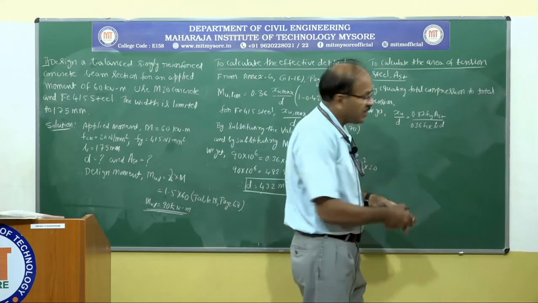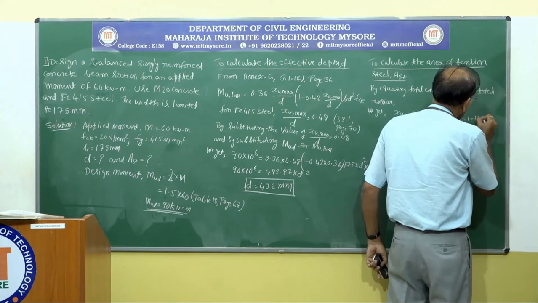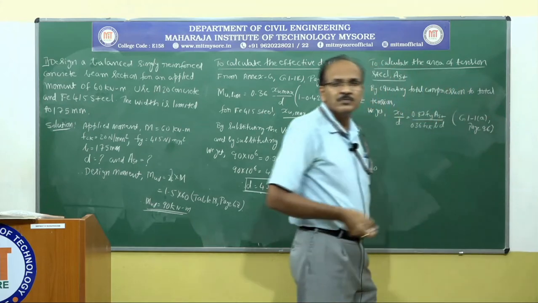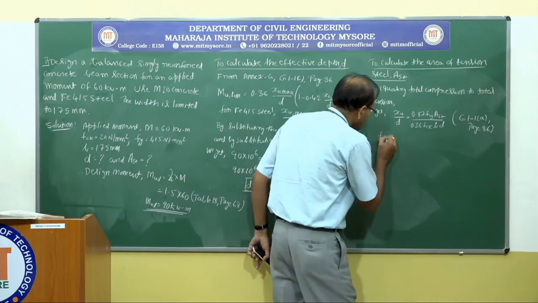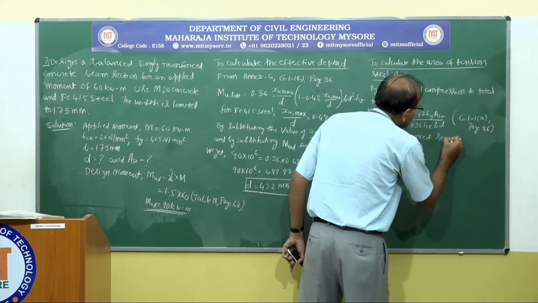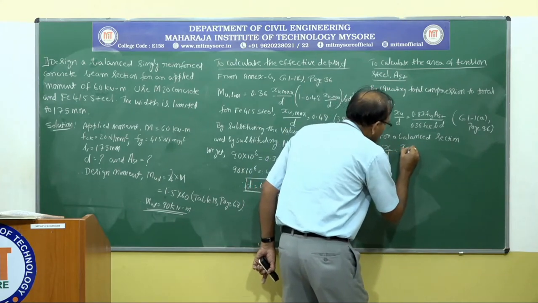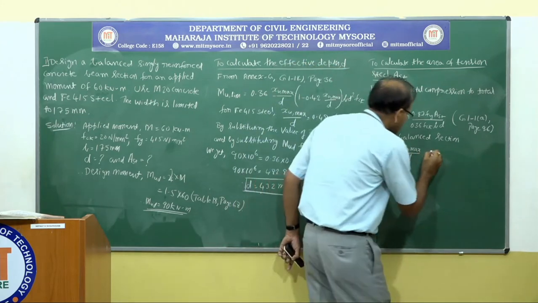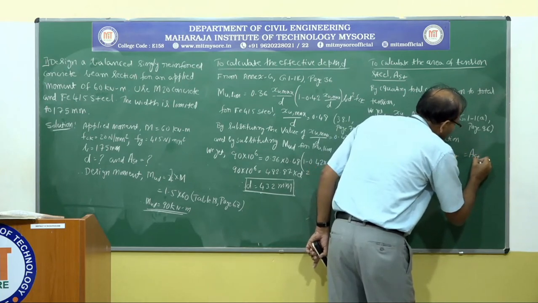This formula is available in Annex G under G1-1A, page 96. Okay, so for a balanced section, XU by D becomes XU max by D, and AST becomes AST limit.